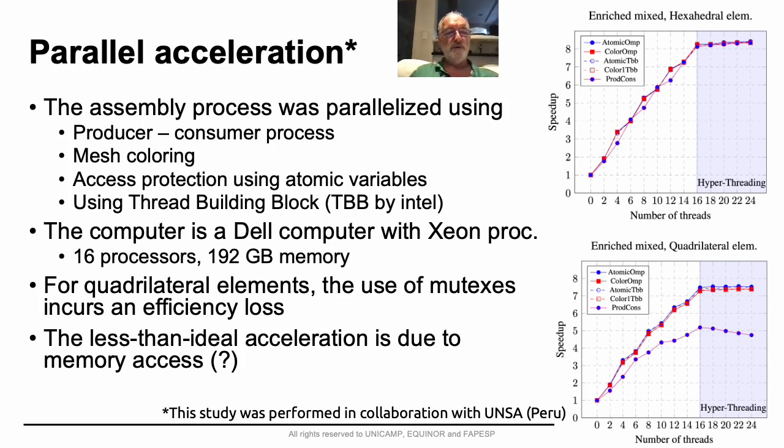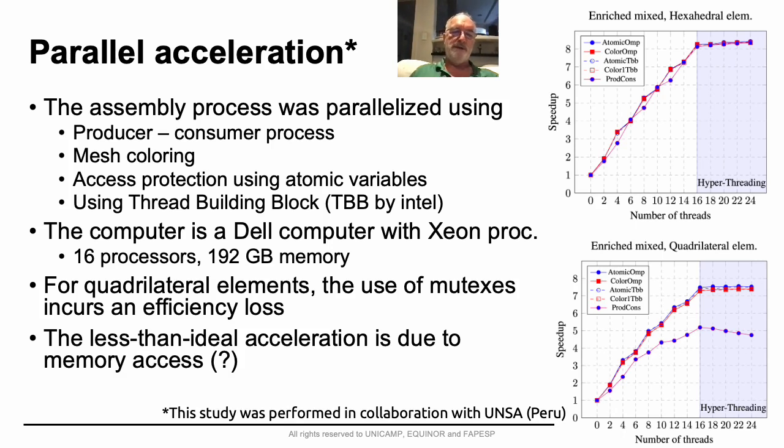Victor also worked on parallel acceleration of the assembly process. So we compared many parallelization techniques. One was a producer-consumer process. We implemented a parallelization technique based on mesh coloring.